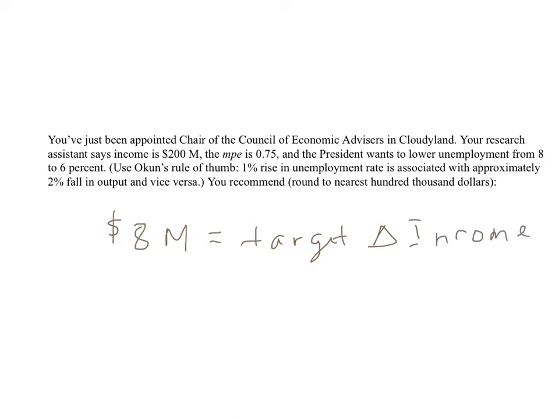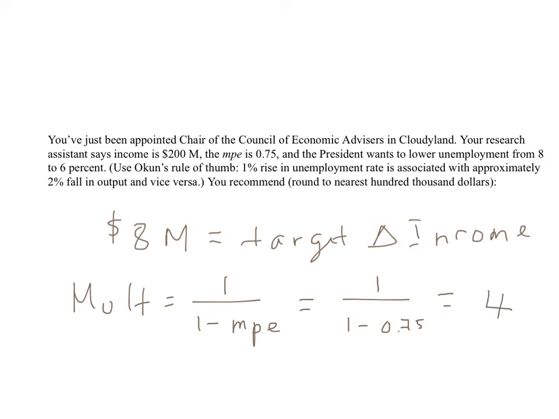And now we will calculate the multiplier. We know that the multiplier is equal to 1 over 1 minus the marginal propensity to expend, the MPE. We have been told that the MPE is 0.75, or 3/4. 1 over 1 minus 0.75 is 1 over 0.25, which is 1 over 1/4, which is 4. Okay, so we know our multiplier is 4.